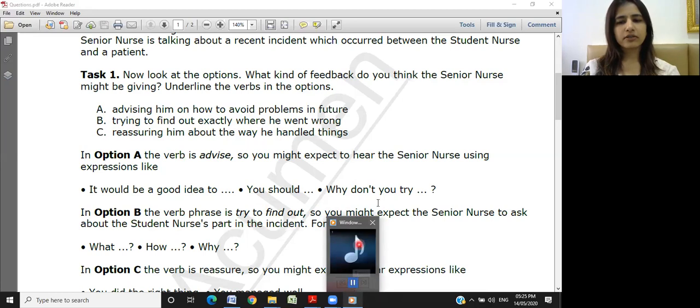Have you got a few minutes to have a chat about what happened this morning? Sure, I've just finished my shift and I would like to talk about it. Great. So, how do you think you handled the situation? Well, it was difficult. Because the patient became extremely aggressive after he heard that his operation had been cancelled.